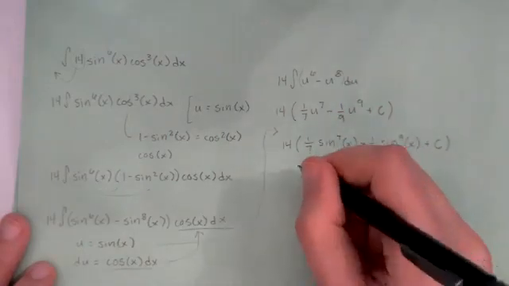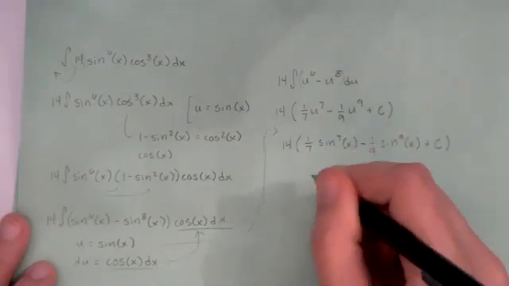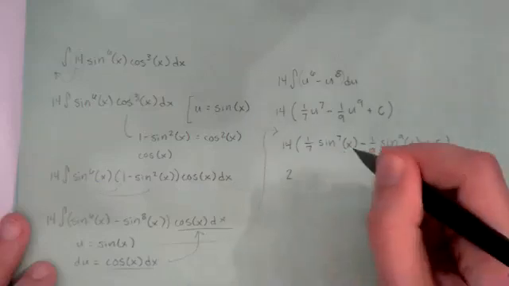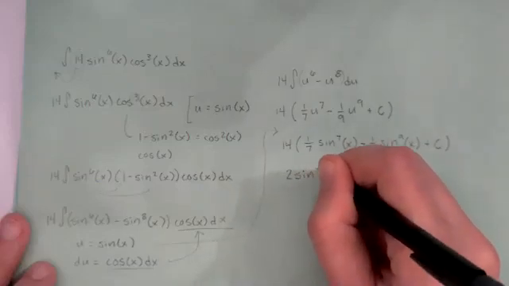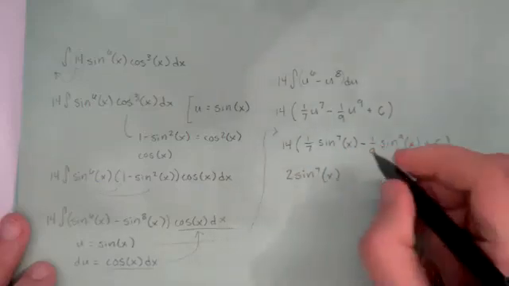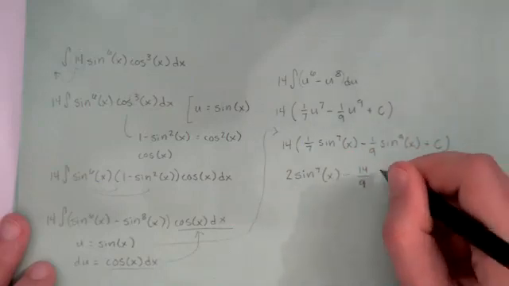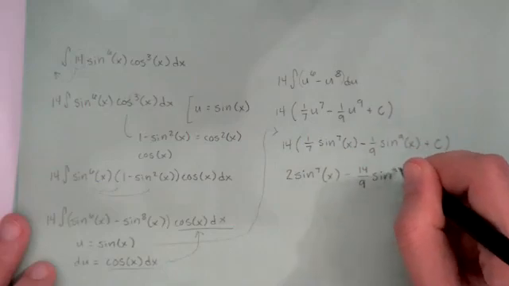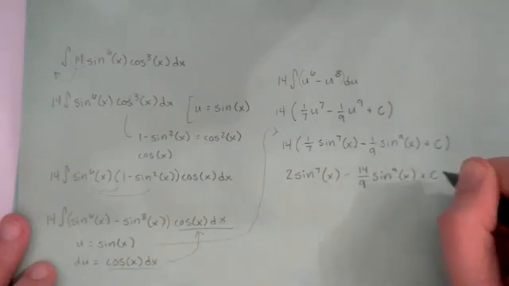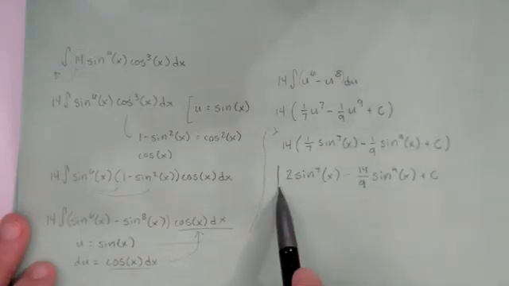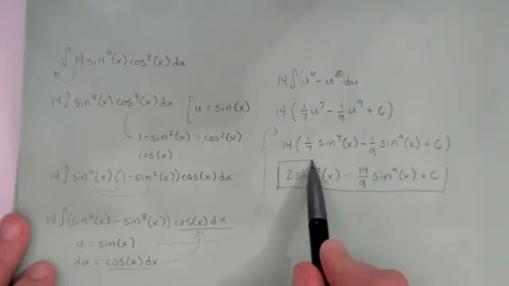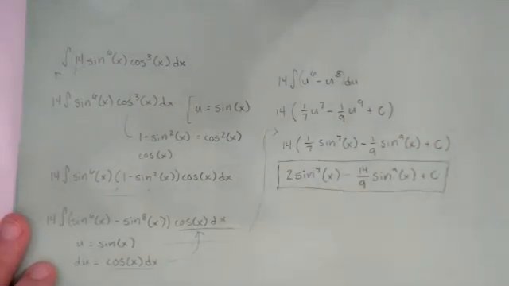Save the algebra for last. So in that case, we're going to end up with 2 times sine to the 7th of x, and then we're just going to keep this as a 14/9 sine to the 9th of x plus c. And that will be our final answer.